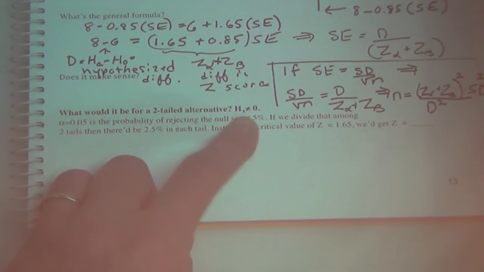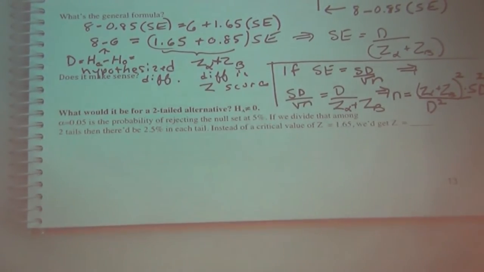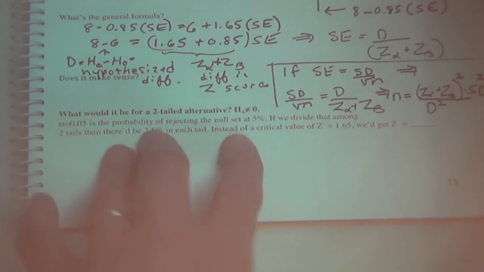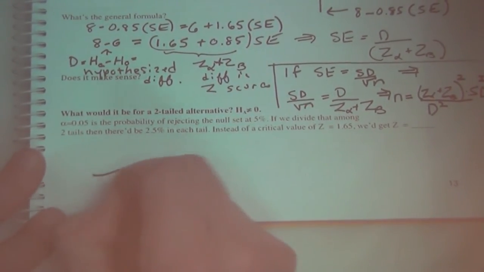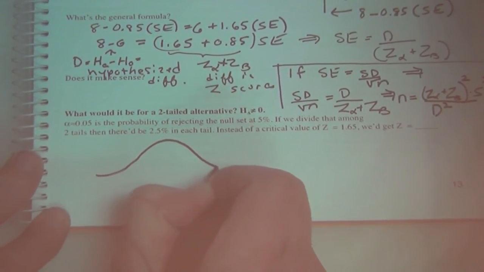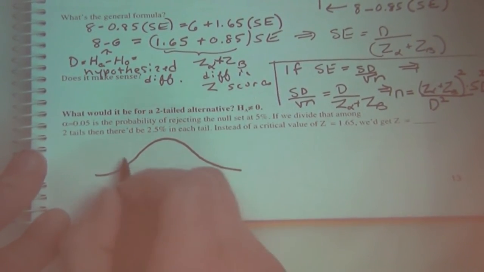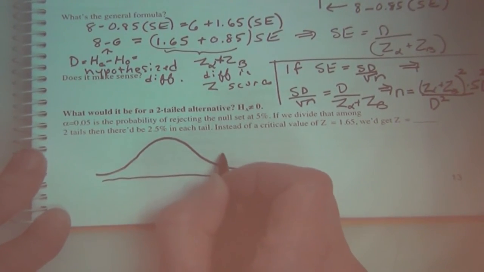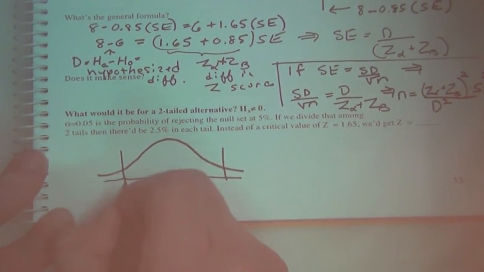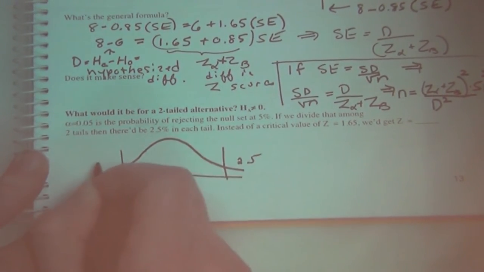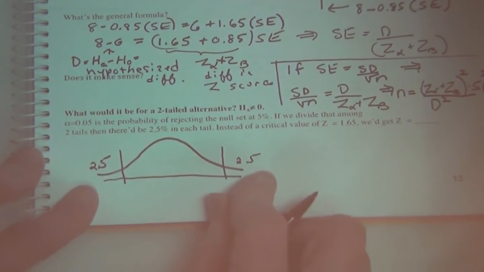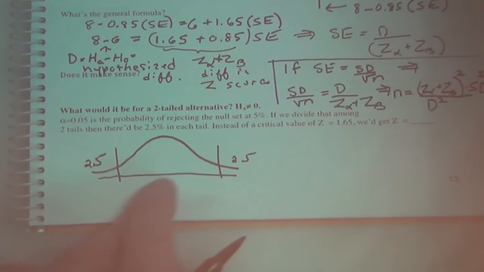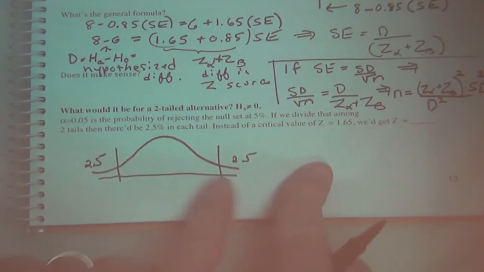Let's say we didn't know whether it was positive or negative. So we've been doing a one-tail, now we're going to be doing a two-tail. A two-tail at 5% means 2.5% in each tail instead of 5% in one. It means you don't know which way it's going to go, whether it's going to go this way or this way.